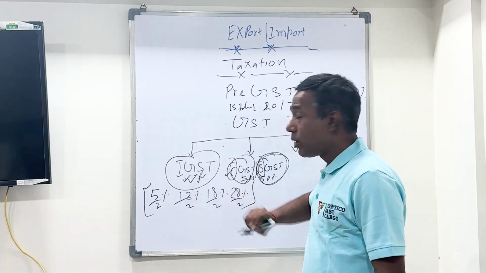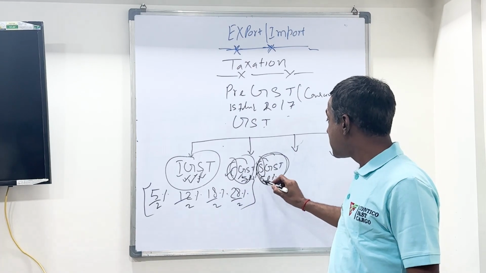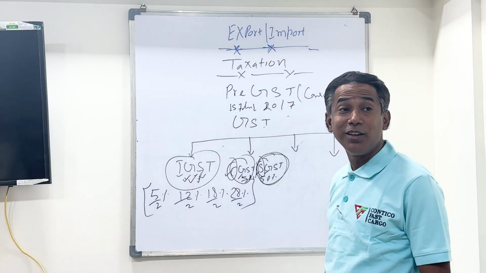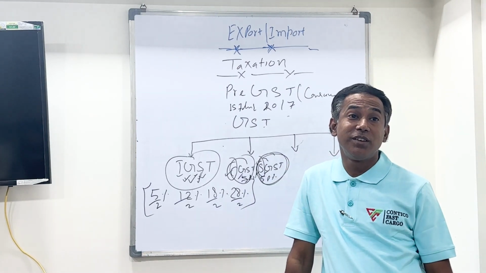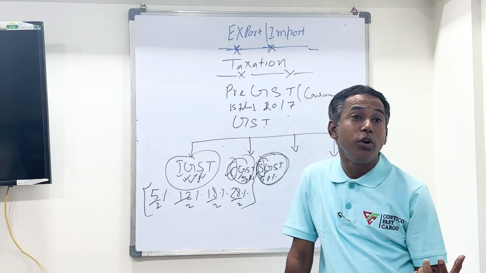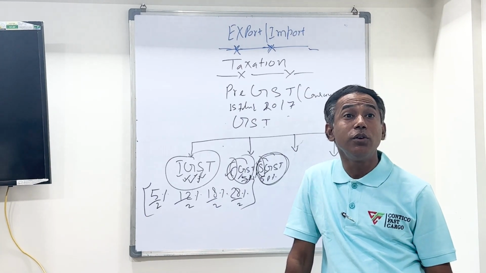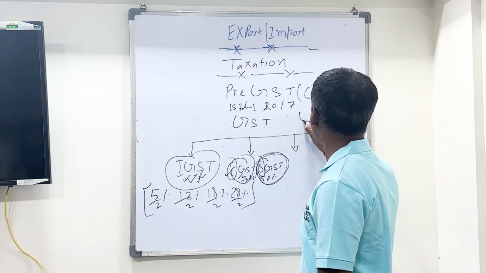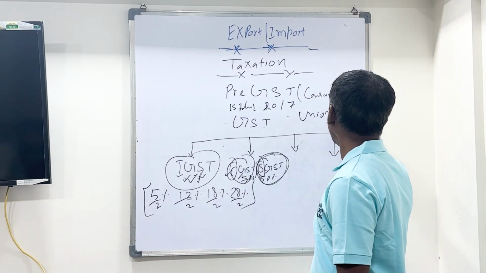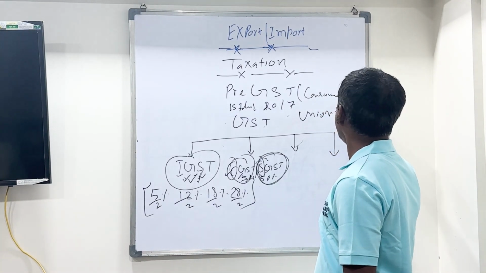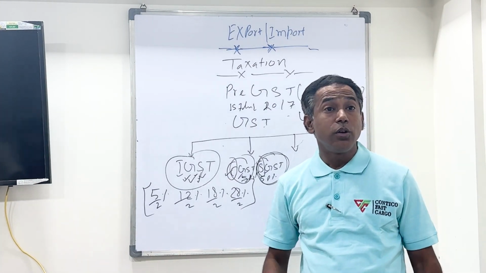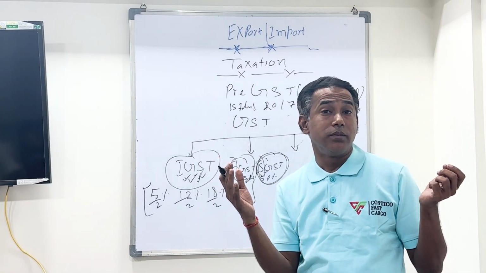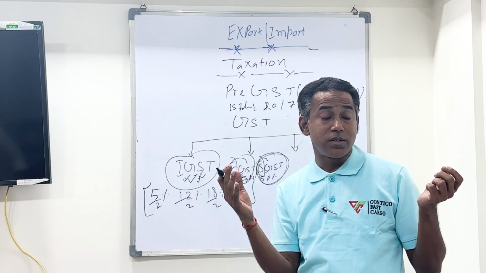So one is IGST, one is CGST and SGST, and the third is, India has one more kind of centrally ruled state, called Union Territory. You understand from the word Union Territory: it is ruled by the center in the federal structure.